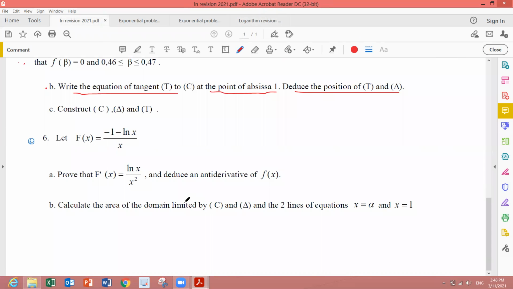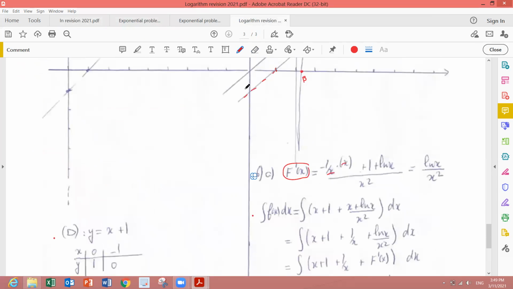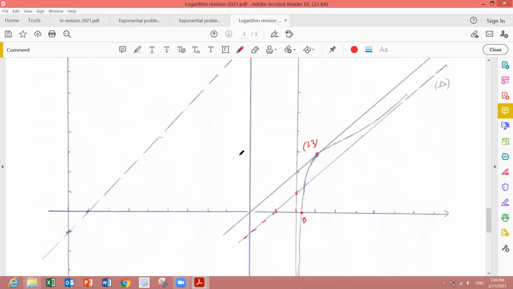Calculate the area of the domain bounded by C delta and the two lines x equal alpha and x equal 1. This is x equal alpha, and this is x equal 1.